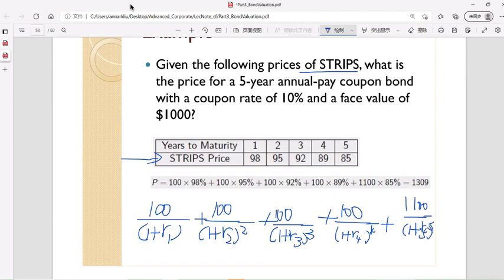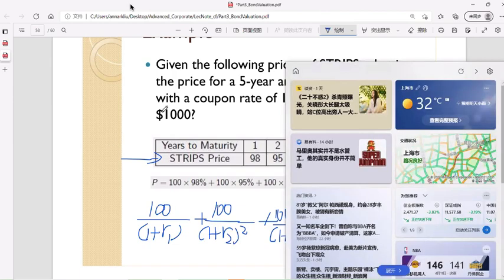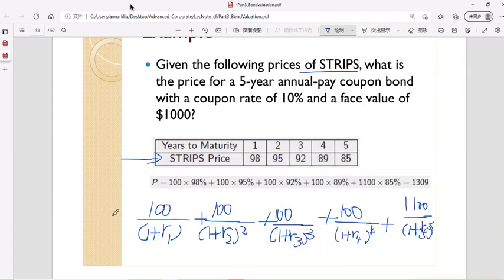We would do this, right? This is how we would compute the bond prices. However, now do we really need to compute R1, R2, R3, R4, and R5? We don't have to. Why? Because we already know the strip's price.